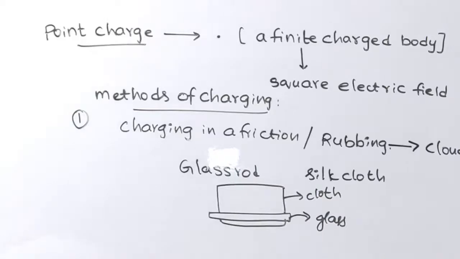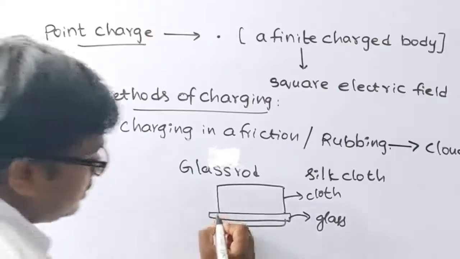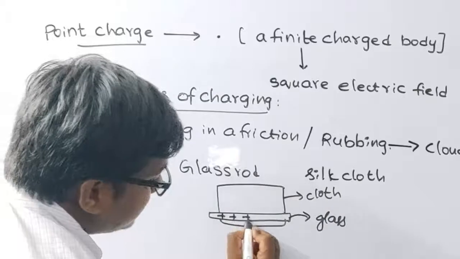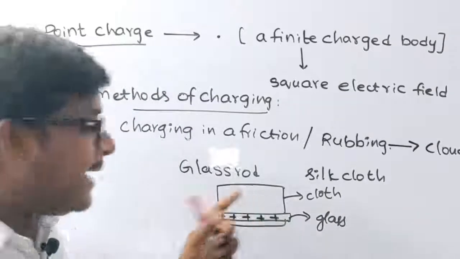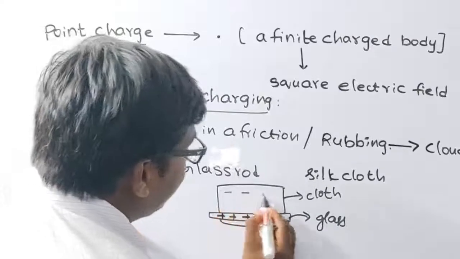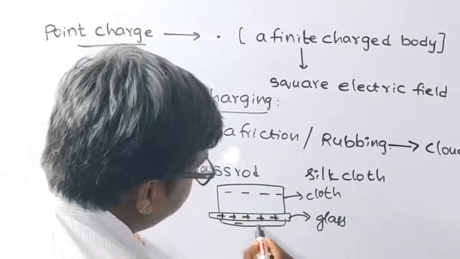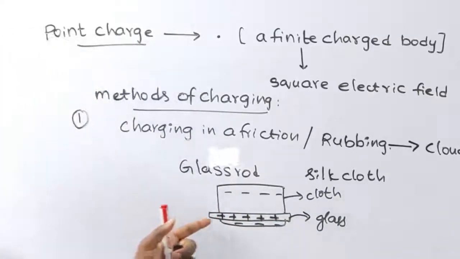When a glass rod is rubbed with a silk cloth, the glass rod acquires positive charge and the silk cloth acquires negative charge.